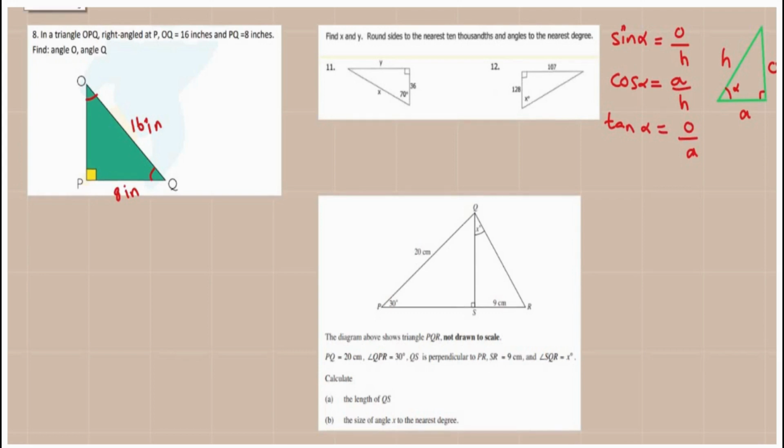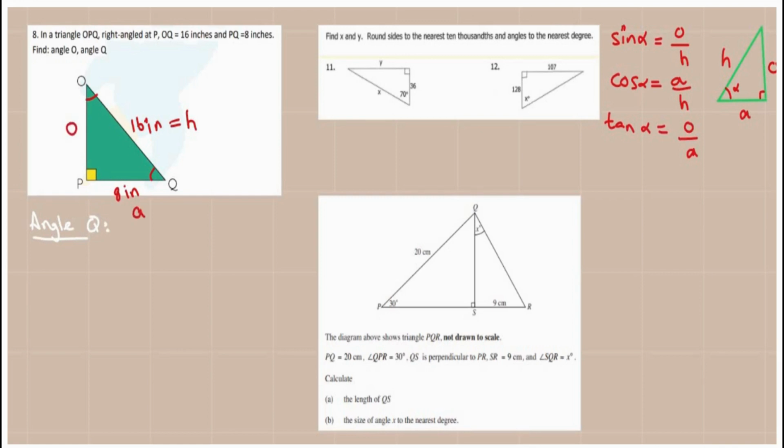Let's see. Opposite to the 90 degrees, there is the hypotenuse side. When we consider angle Q, we are first going to consider angle Q. Let me write it, because this is a very important thing. When we change the angle, this side will change. If we are considering angle Q, that means this is the opposite side and this is the adjacent.